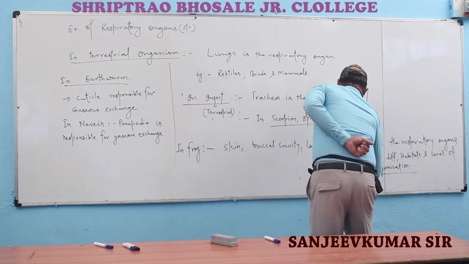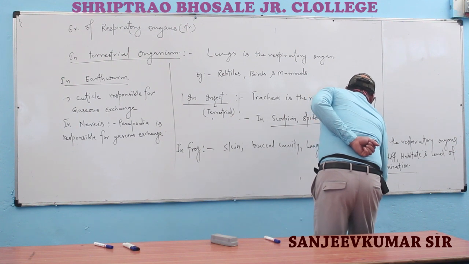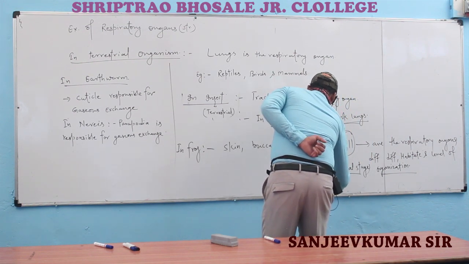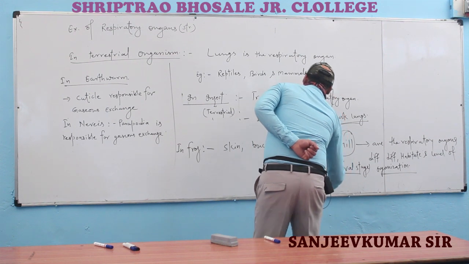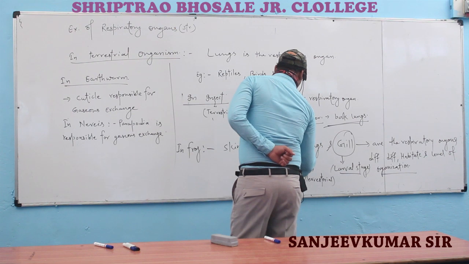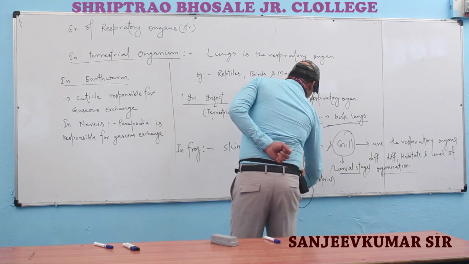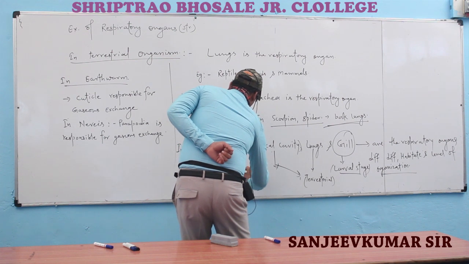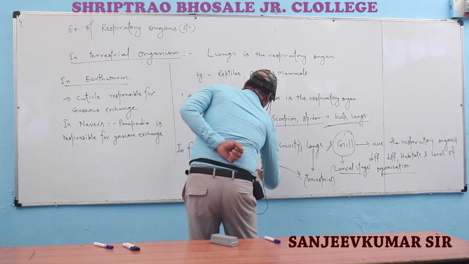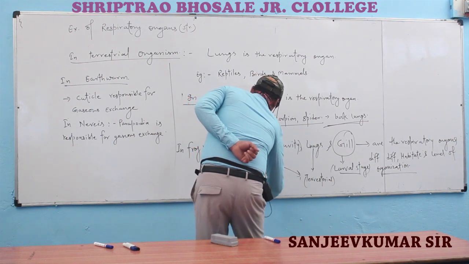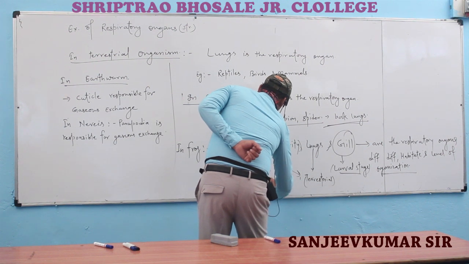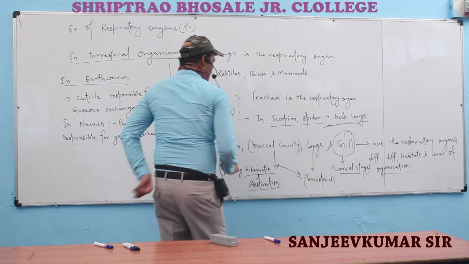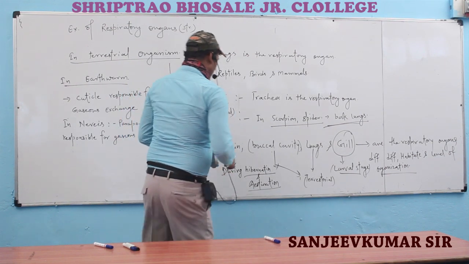Like gills in the larval stage, lungs terrestrial, buccal cavity also terrestrial, skin during hibernation and estivation. That is winter sleep and summer sleep.